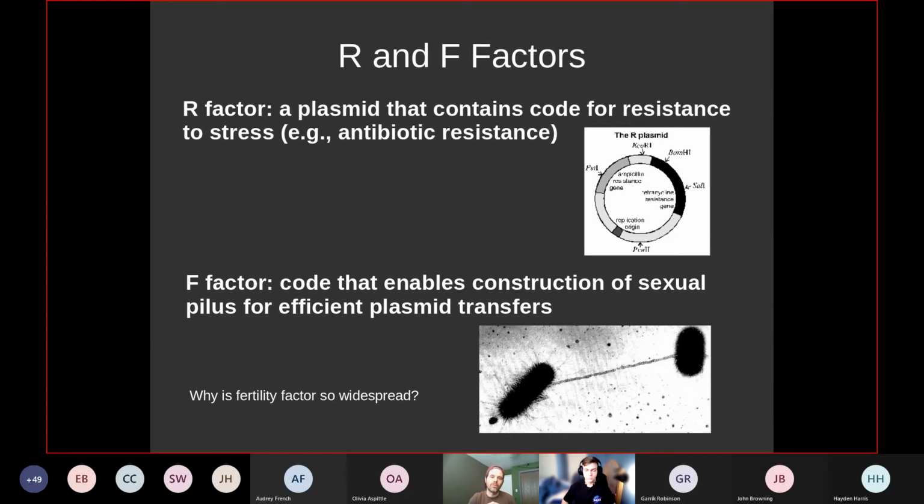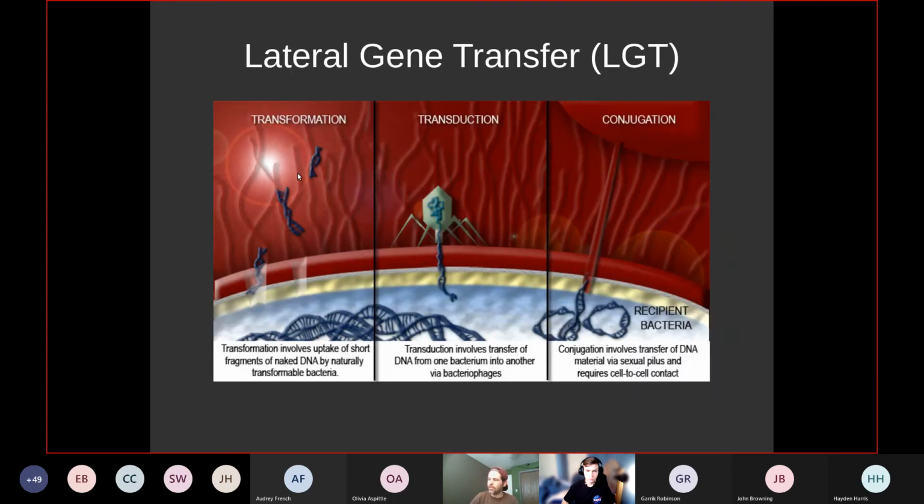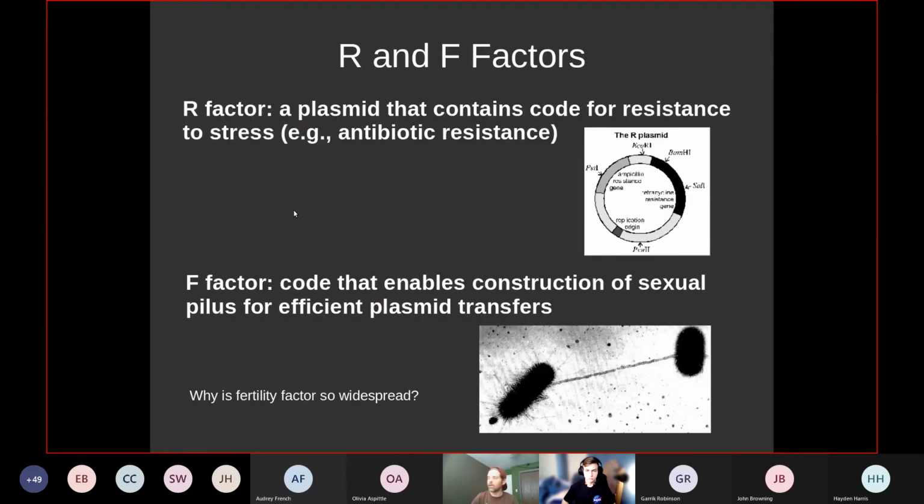Okay. So it was named for antibiotic resistance, so we call it the R factor. Right. But it could be resistance to high salt levels or temperature or freezing or whatever it is. It gives you an advantage. And so it's a bit of DNA that confers some resistant advantage to you. So you're more likely to survive an environmental stress. Okay, that's an R factor.